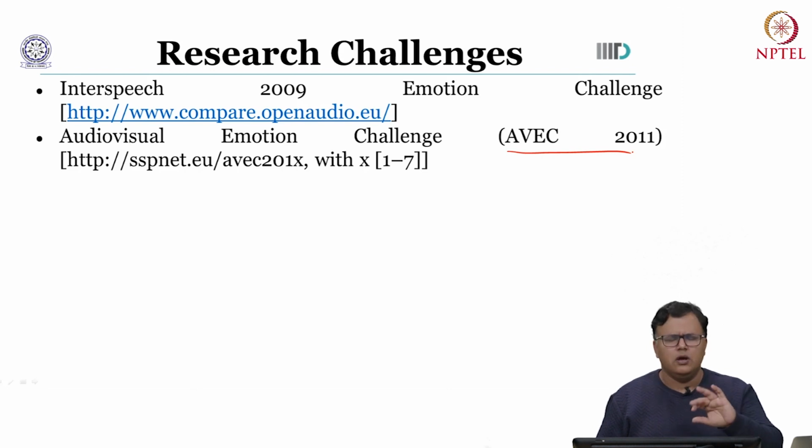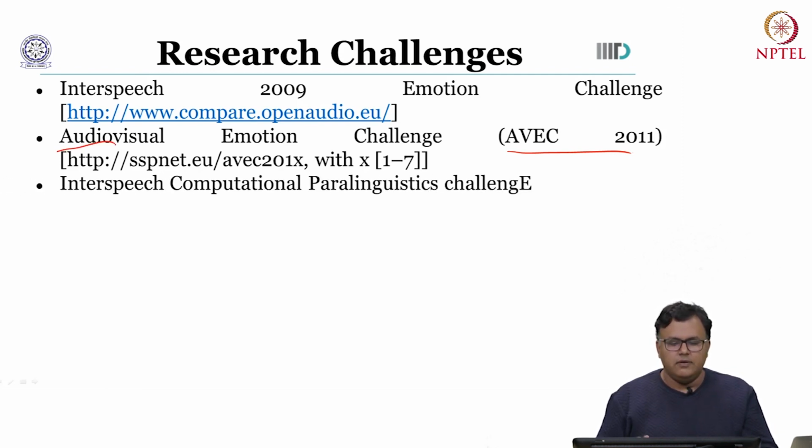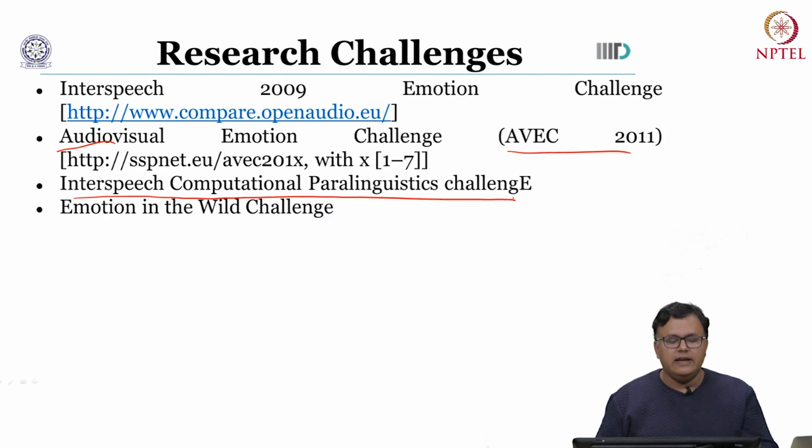It is also used for multimodal emotion recognition as well, audio visual, but the audio here is also very rich. Then we also have the InterSpeech computational paralinguistic challenge. Now this one is actually a very commonly used benchmark in the speech based affect recognition community, and this has been running for years with different tasks related to affect.